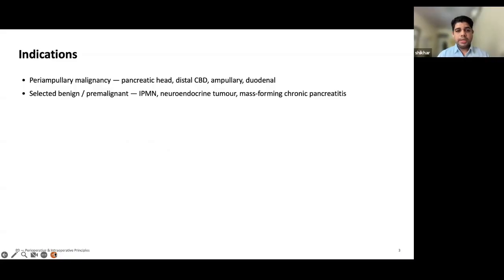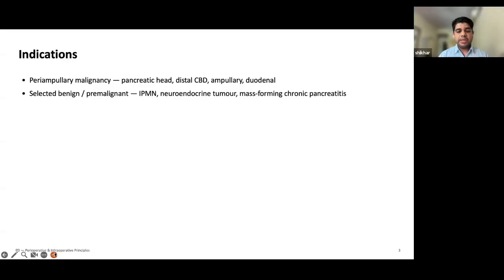So, regarding indications of Whipple's procedure, mainly we are doing it for malignancy cases, especially periampullary malignancy, which includes the pancreatic head mass, distal cholangiocarcinoma, ampullary mass, and duodenal adenocarcinoma. We are also doing it for pancreatic ductal adenocarcinoma, and in selected benign and pre-malignant cases we often go for the Whipple's procedure.